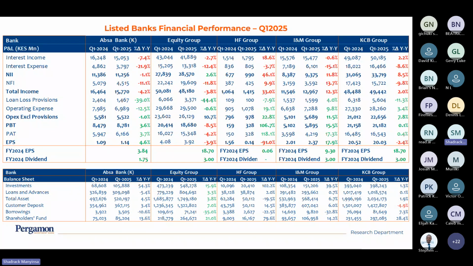Forex trading income is the second major contribution after commissions on loans and advances. That line contributes roughly 40% of the non-funded income. So because of that reduction, it impacted all the non-funded income across the industry.